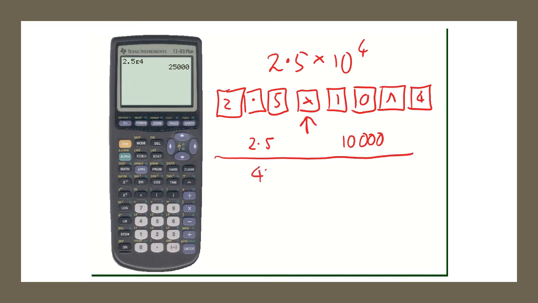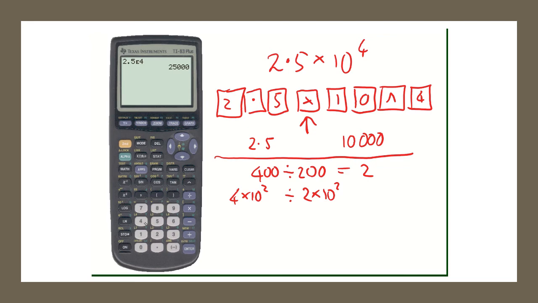If I take 400 and I divide it by 200, the answer of course is 2. But let's do that in scientific notation. 4 times 10 to the power of 2 divided by 2 times 10 to the power of 2. If I use my times sign, let's see what happens.